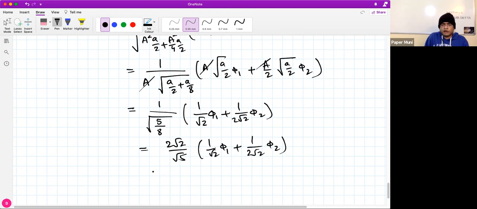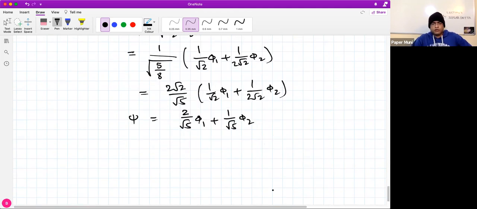All right. So if you multiply this, what you get is 2 by root 5 phi 1 plus 1 by root 5 phi 2. So this is the normalized wave function which we wanted to solve our problem. Now we got the normalized wave function as we want.